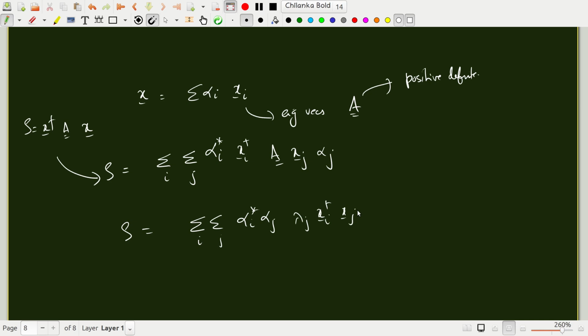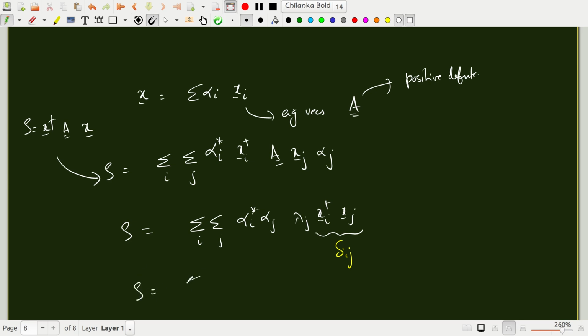Now x_i dagger x_j, of course because all positive definite matrices are Hermitian, so this will be orthogonal. This is nothing but delta_ij, and it will kill one of the summations in the double sum.